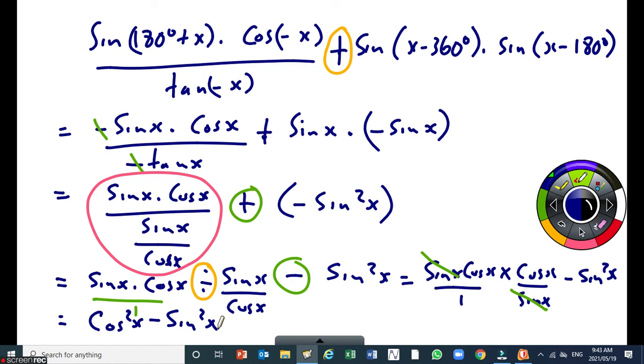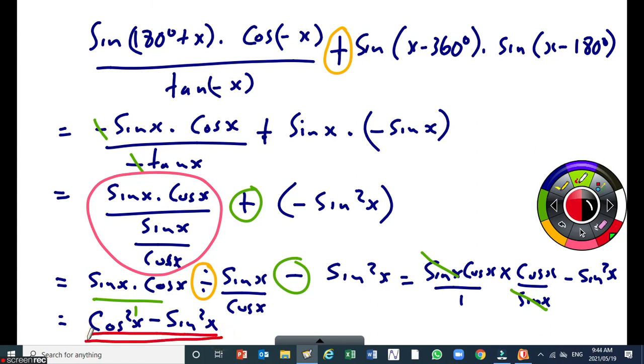It can also be written as cos squared theta is equal to 1 minus sine squared theta. But for now, I'm going to leave the answer like that. There is no need to simplify, so we'll leave it like that.